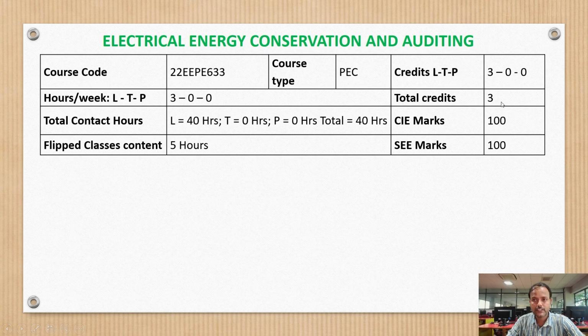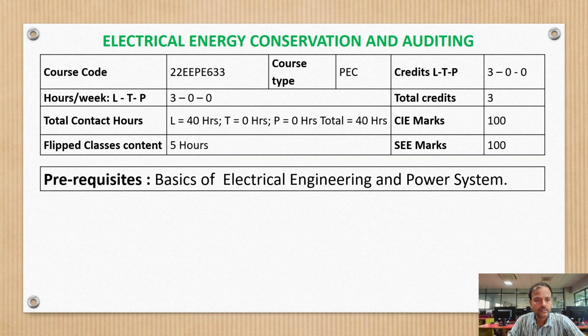Course type is PEC, and this is a 3 credit course, and as usual it is 40 hours, and the flipped class content is 5 hours, as you know. And the prerequisites for this course are basic electrical engineering and power systems. So a little bit of knowledge of basic electrical engineering is required, because we are going to study electrical energy conservation.